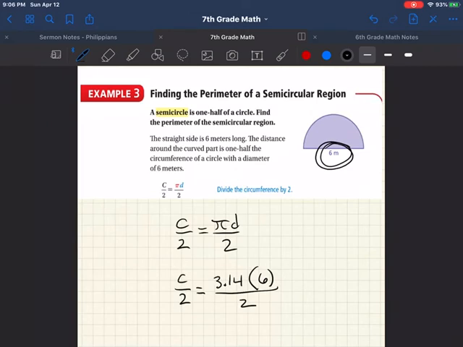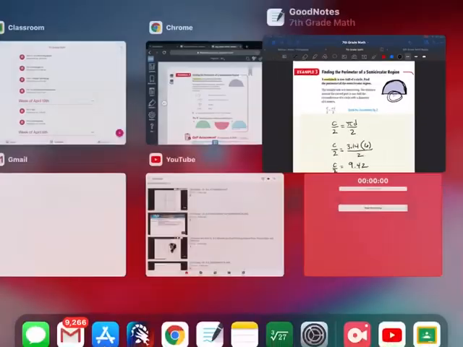So 3.14 times 6 divided by 2, and therefore the circumference of this part is 9.42. Okay, it's important to understand that that is what it's giving me: the circumference of half of the circle.